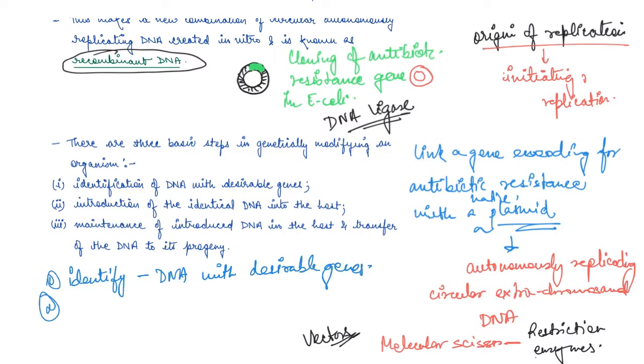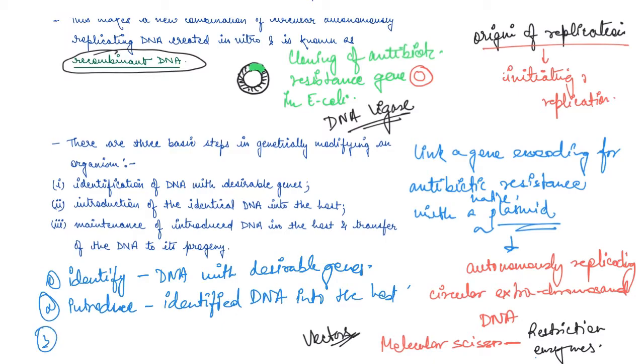The second one is we introduce the identified gene into the host. So the second one is to introduce the identified gene or identified DNA into the host. And the third one is what? To maintain the introduced DNA in the host and transfer that DNA to its progeny.